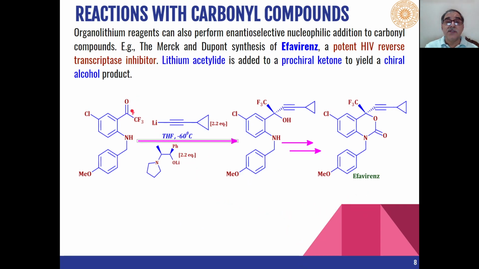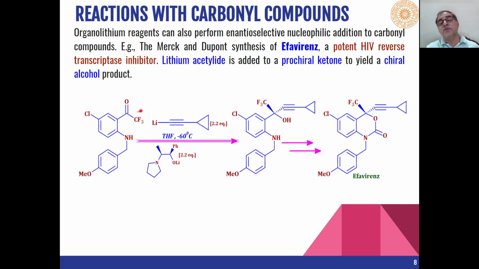Then another example is the enantioselective nucleophilic addition to a carbonyl compound. So this trifluoroketone reacts with lithium acetylide, and you can see that this ketone is a prochiral ketone.